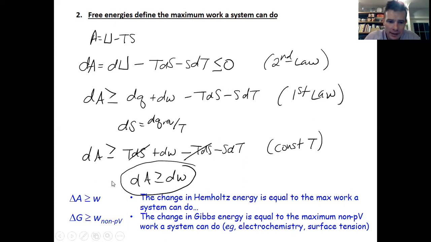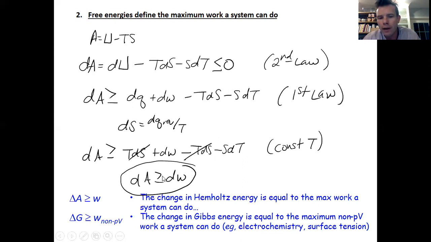Here's what this means. The change in Helmholtz energy is greater than or equal to the work. In other words, this change in Helmholtz energy is equal to the maximum work that a system can do. It's a maximum if the change occurs reversibly while the system's in equilibrium. It's an inequality if it occurs spontaneously.